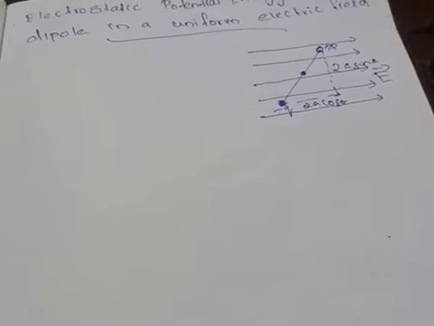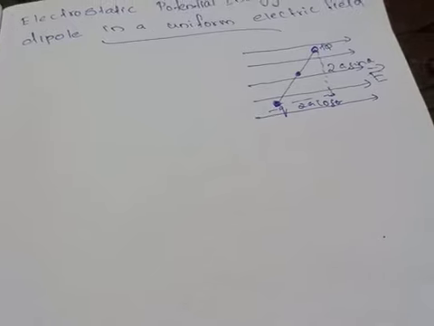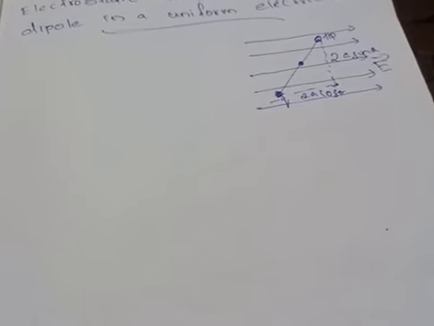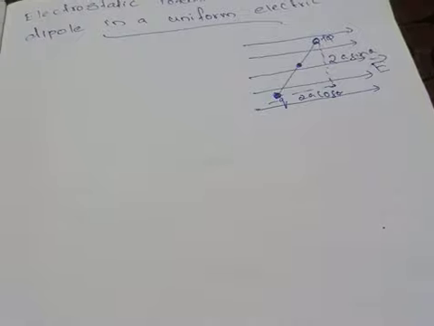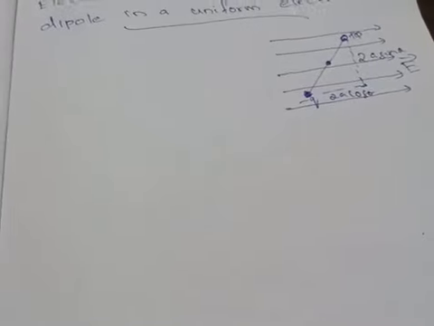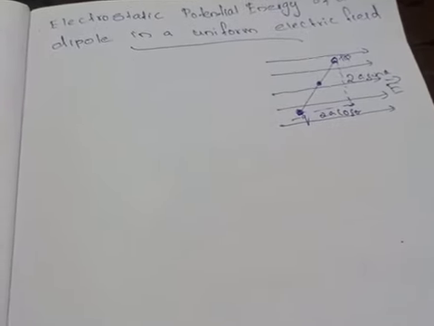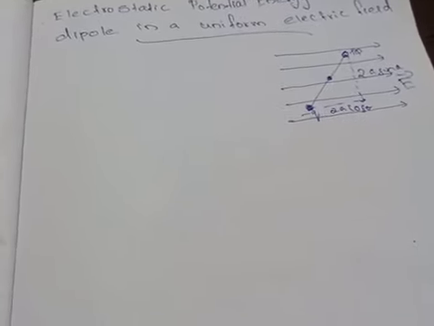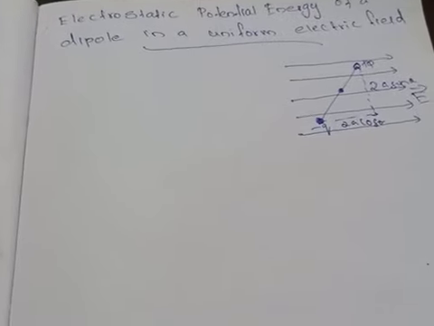There you have got the formula 2qa sin theta, and torque is equal to p vector cross e vector. Like that you have solved on the formula also.